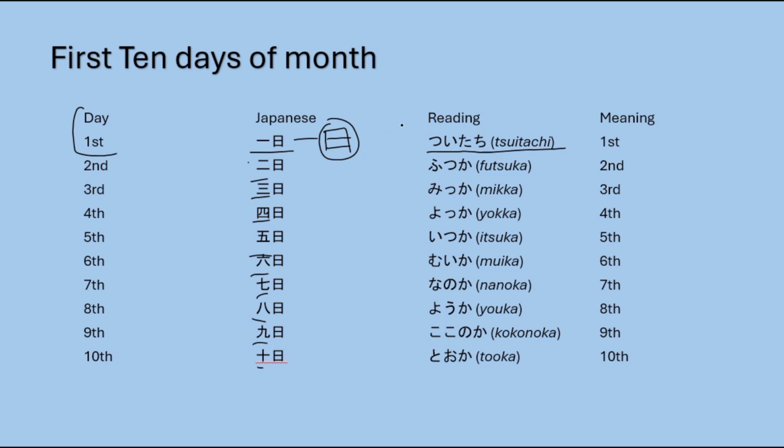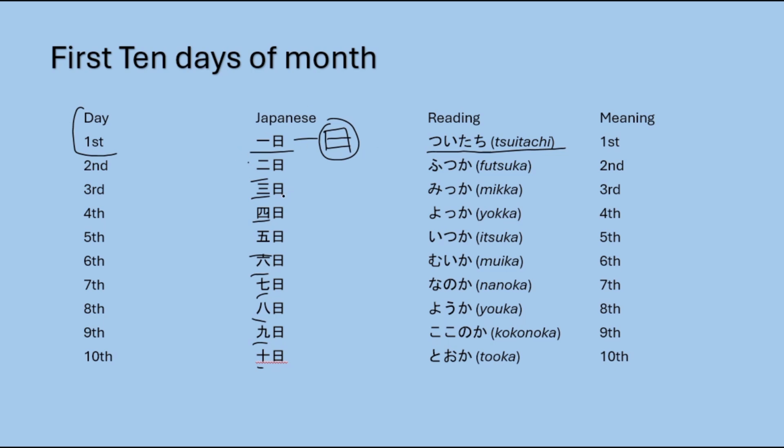So the first is Tsuitachi, the second is Futsuka, the third is Mikka, fourth Yokka, fifth Itsuka, sixth Muika, seventh Nanoka, eighth Yoka, ninth Kokonoka, tenth Toka.